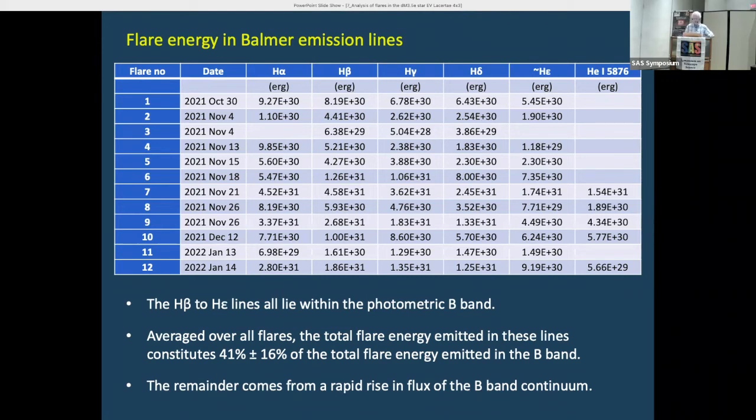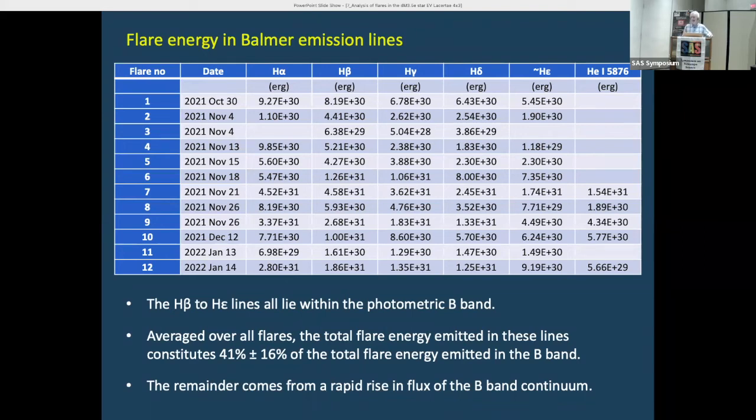Now, hydrogen beta to hydrogen epsilon lines all lie within the photometric B band. So it's quite interesting. If you average over all of these flares, just to get an overall picture, the total flare energy emitted in these lines is approximately 40% of the total flare energy emitted in the B band.